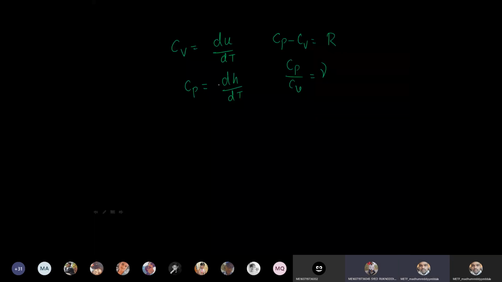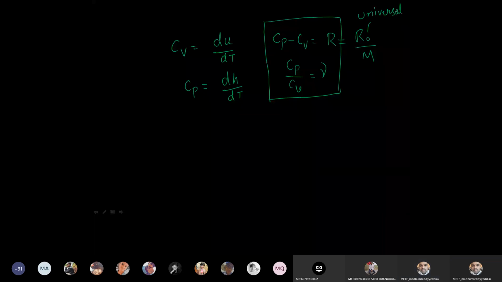R can also be written as R0 by M, where R0 is the universal gas constant, with value 8.314 kJ/kg K.